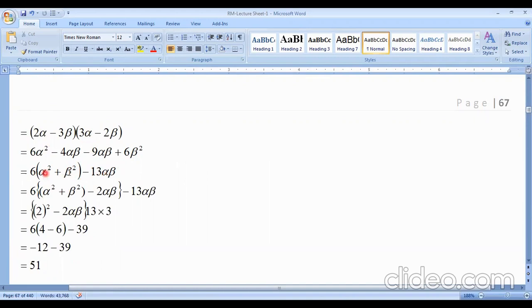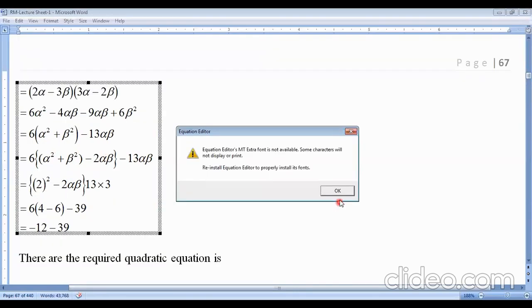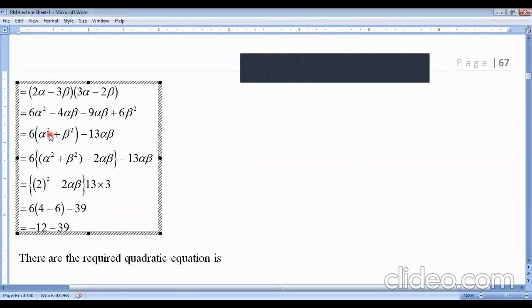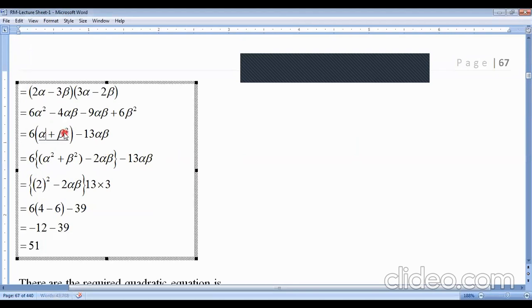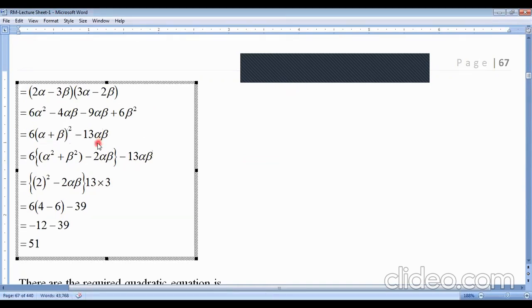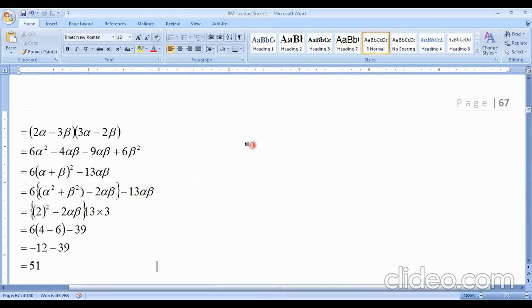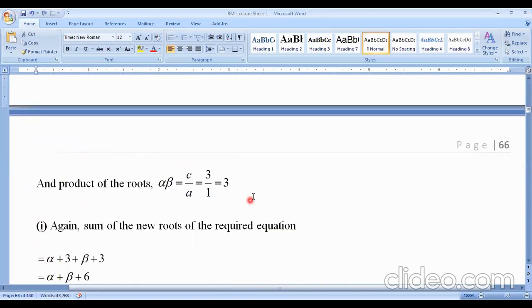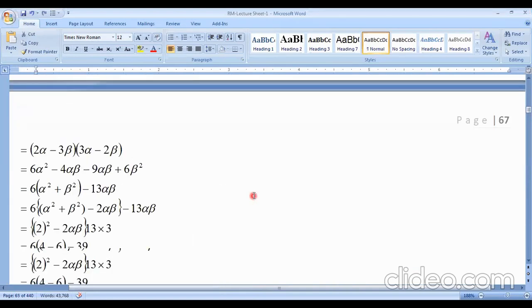The formula for a square plus b square is a plus b whole square minus twice ab.